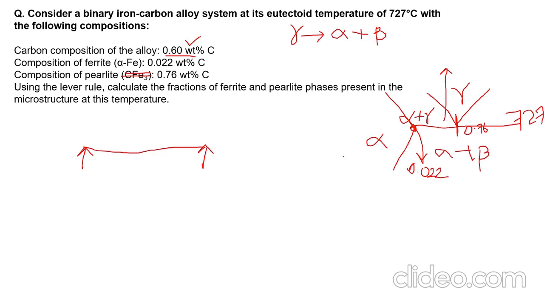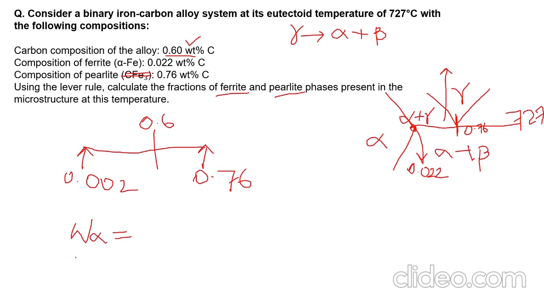So you have to calculate. 0.022 is one end of your lever, and the other end of your lever is 0.76, and you are somewhere here, which is 0.6 of your alloy. So you can calculate your alpha, which is ferrite, and perlite. What is the weight fraction of your alpha, and what is the weight fraction of your gamma phase?